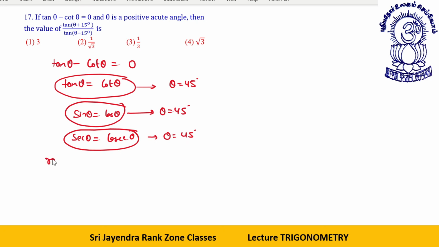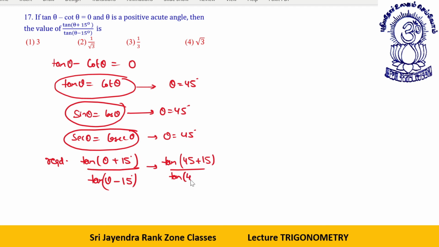Now what is required? Tan of theta plus 15 degrees divided by tan of theta minus 15 degrees. That will give you tan of 45 plus 15 divided by tan of 45 minus 15, that is tan 60 degrees divided by tan 30 degrees.